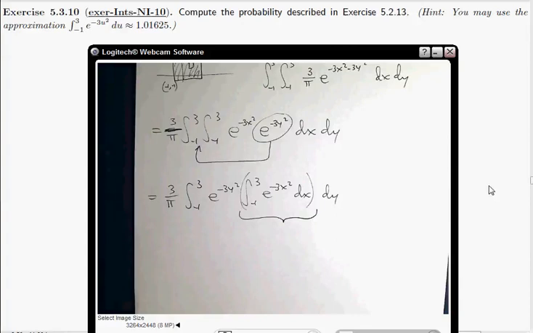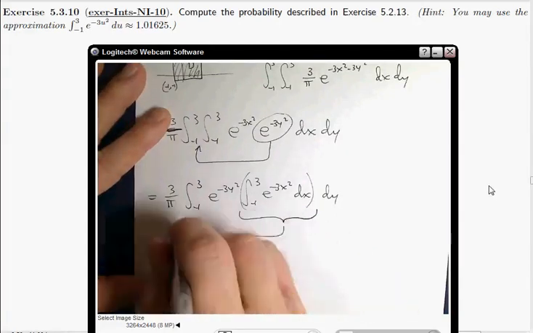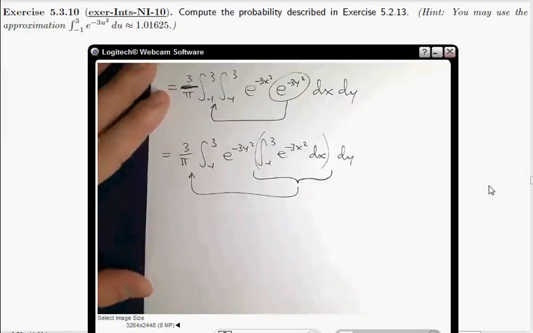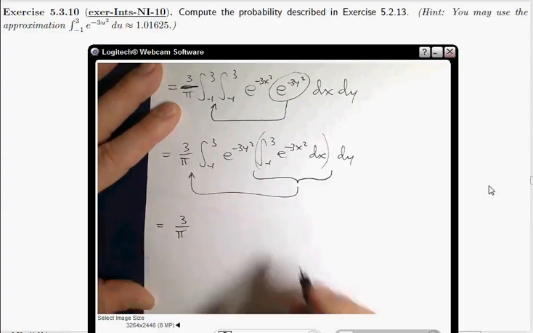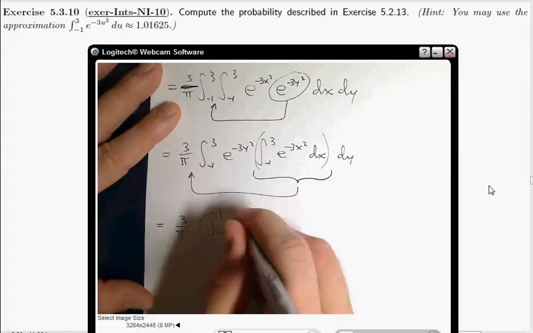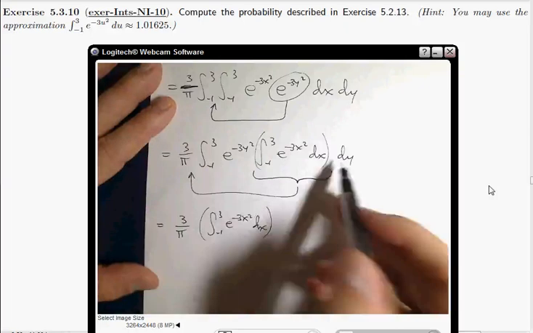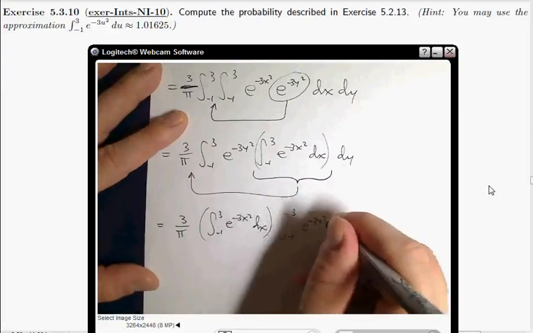It's a constant, so I can factor that outside of the dy integral. And what I end up with then is, still 3 over pi, then the integral from negative 1 to 3 of e to the negative 3x squared dx, and then the rest of this stuff, which is the integral from negative 1 to 3 of e to the negative 3y squared dy.